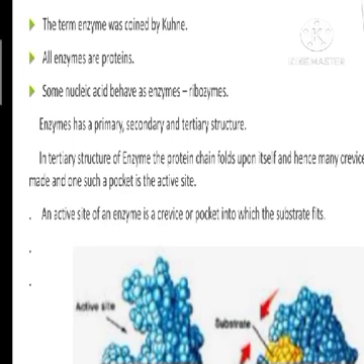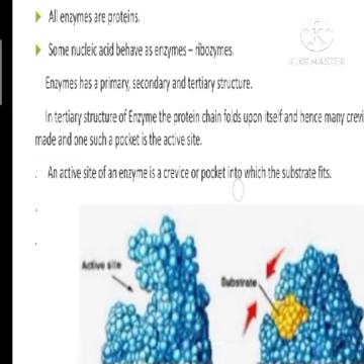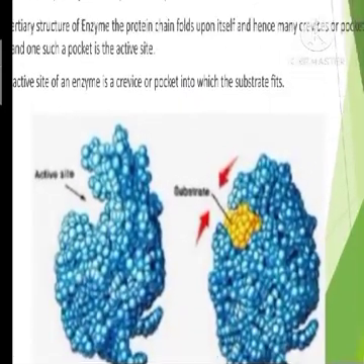So the enzymes have the active site in which the substrate will be fitting. Here in this picture you can see the active site, and the yellow colored substrate fixes into the active site of the protein, that is the enzyme.